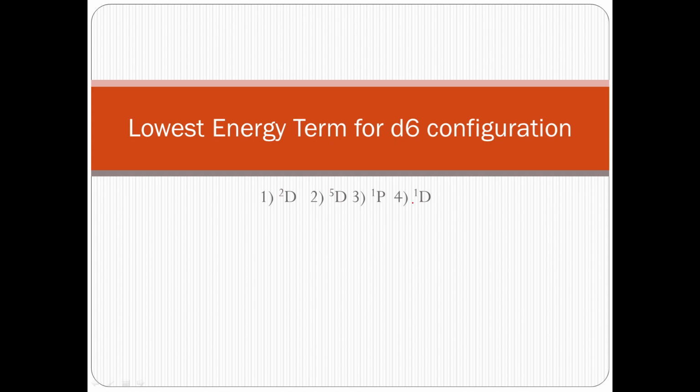Now in order to find the lowest energy term, first of all you should find the configuration which follows Hund's rule, right? So Hund's rule of maximum multiplicity states that the lowest energy term will be that term which has the highest multiplicity, or you can say the highest number of unpaired electrons, right?